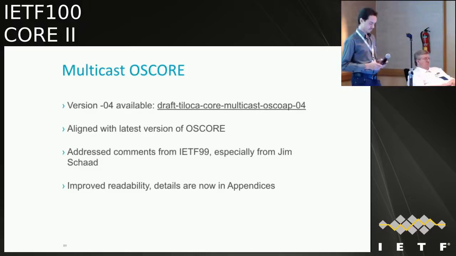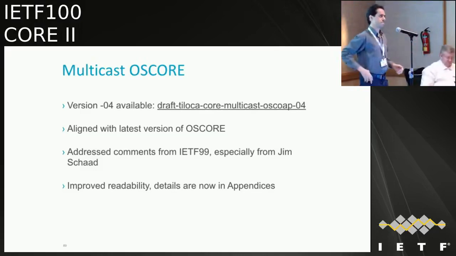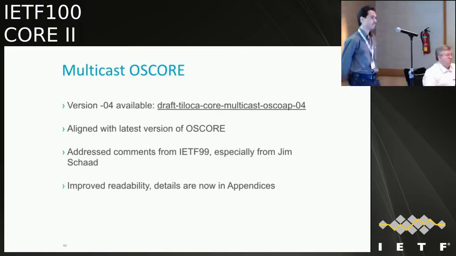In ACE, we're working on a key distribution mechanism. So that's providing the keys for the different devices in the multicast group. So that's the difference. So Hannes is referring to a document he has written for ACE, which did both.